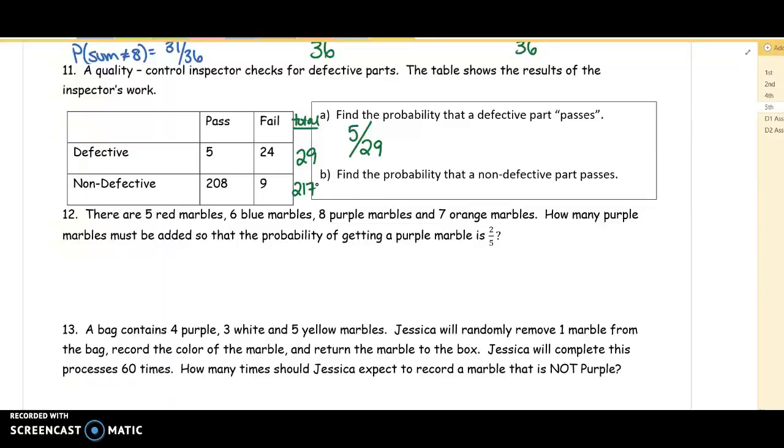How many times did a non-defective part pass? 208 out of a total number of non-defective pieces, 217. So the point of this problem is to remind you that sometimes the information you need won't all be there. You have to remember that probability is the number of something out of the total. And if the total doesn't exist, you might have to do a little bit of work to find the total.